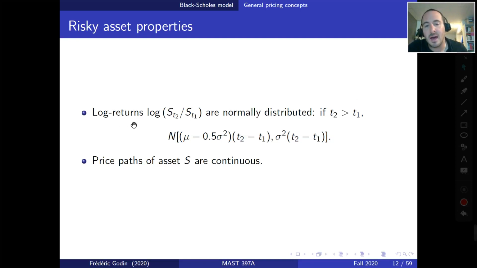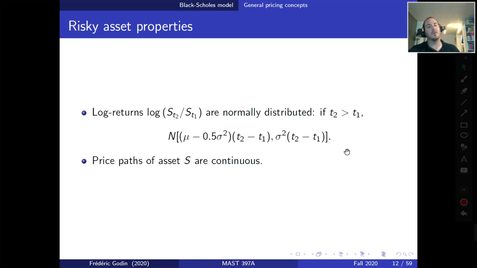It can be shown that log returns, so what do we mean by log return? It's the log of the ratio of the stock at one time t2 versus the value at another time t1. It can be shown that these log returns are normally distributed, of course assuming t2 is greater than t1.